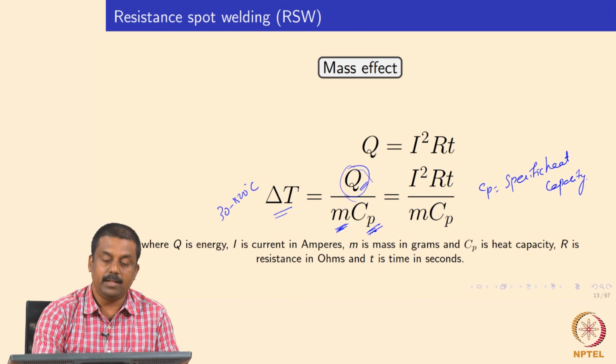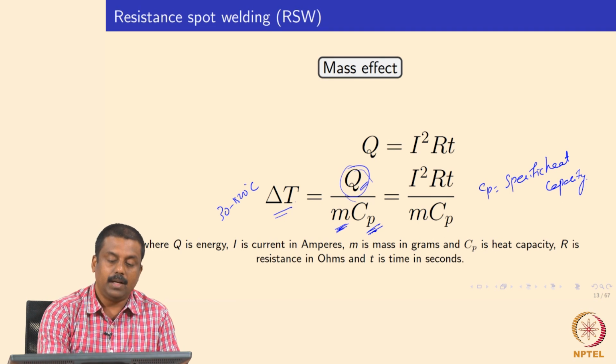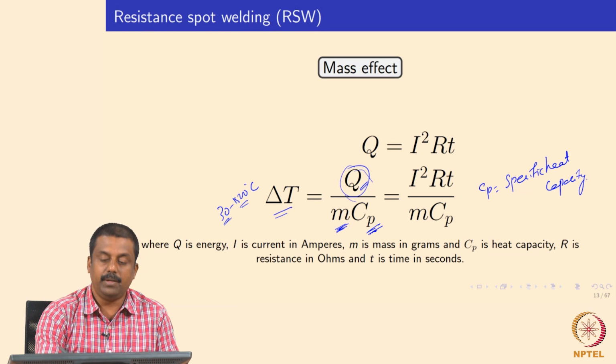You always underestimate here because of some specific issues with this equation, but that will give you the minimum Q needed to raise the temperature from, say, 30 to 1500 degrees centigrade. And Q, you already know, is I squared R T. T is your welding time, the time for which you pass a current I, and R is nothing but the summation of all the resistances.